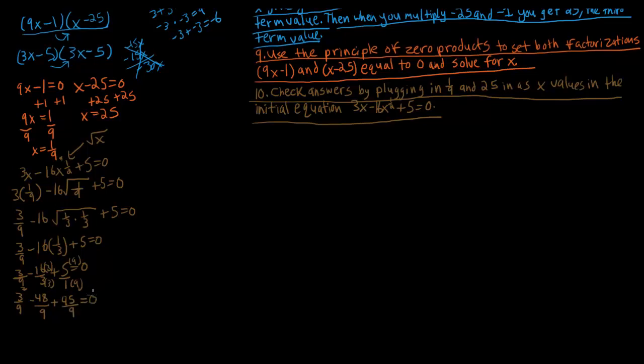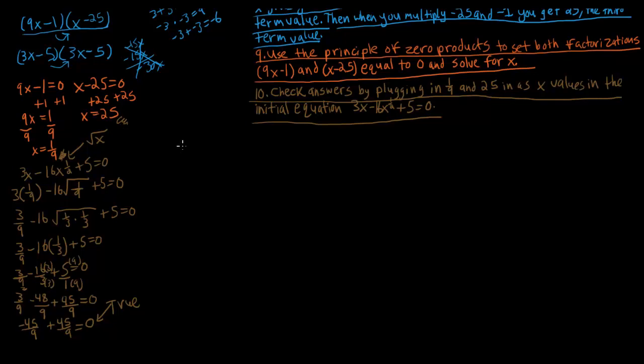And then 3 minus 48 over 9 is negative 45 over 9, plus positive 45 over 9 equals 0. And that's true. That's true, so we know that 1/9 is a valid solution.